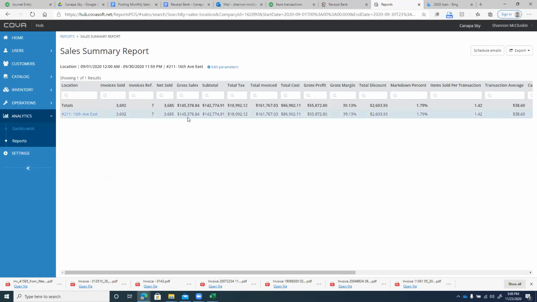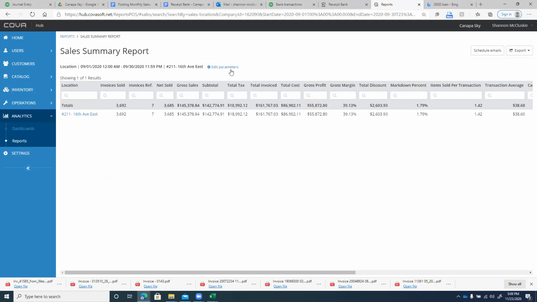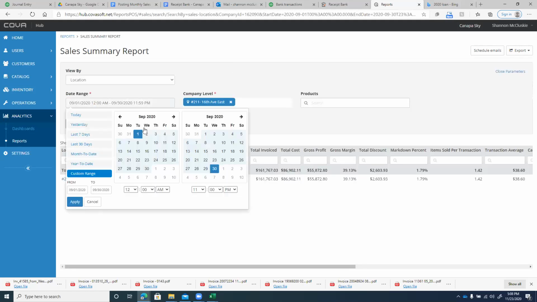So 145,378, 145,378. Okay, so I know that's the right report. You don't need to do that step. If you just want to make sure that you've pulled the right report or you're doing it right, that's a good check.